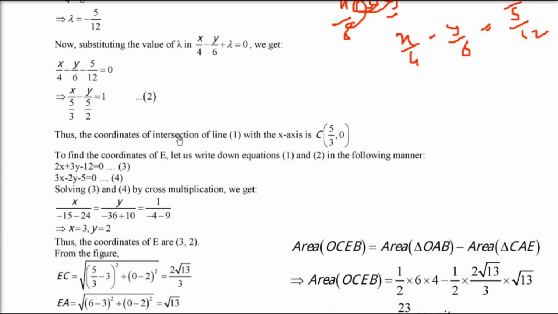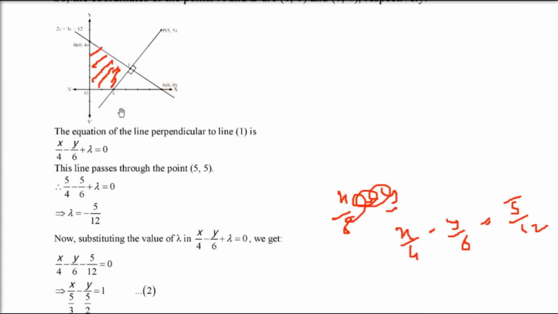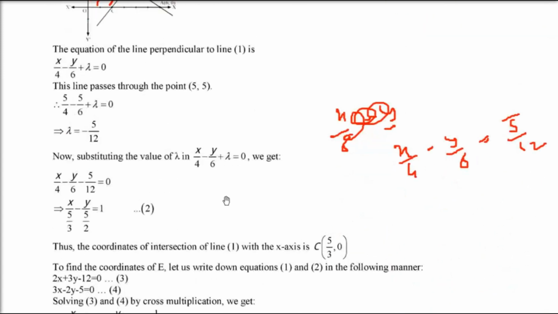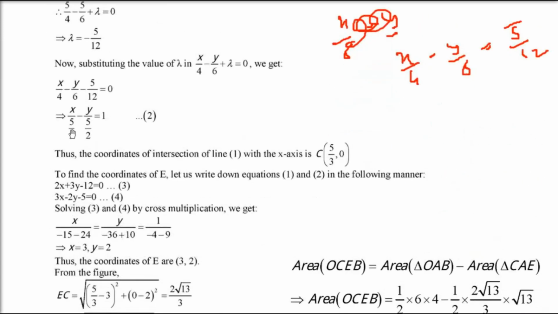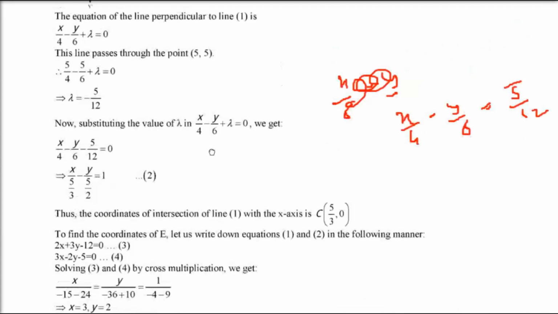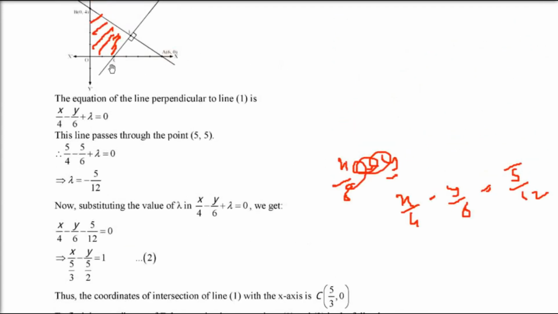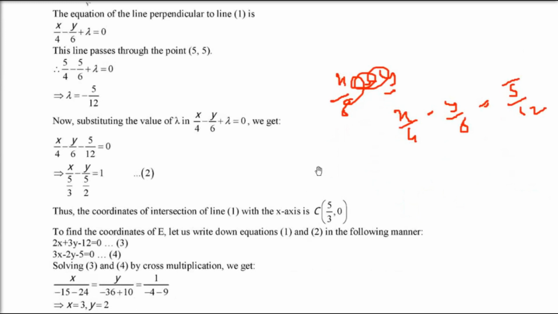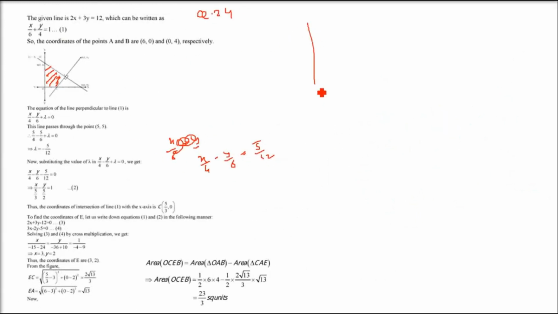Actually, it's not 5 by 2, it will be minus 5 by 2. So x by a, we are taking the intercept on the x-axis. For the other line, the intercept on the x-axis, a, is 5 by 3. So now point C is known. The point C is 5 by 3 comma 0.